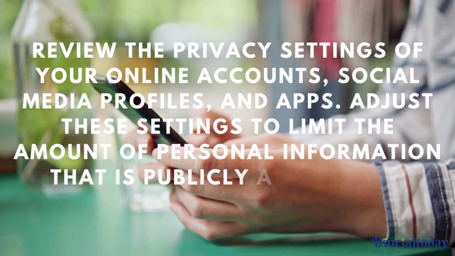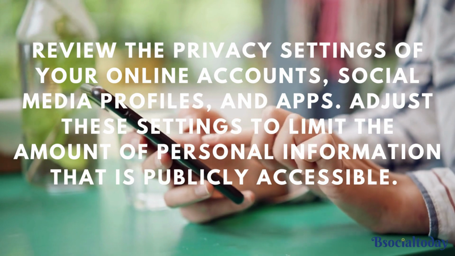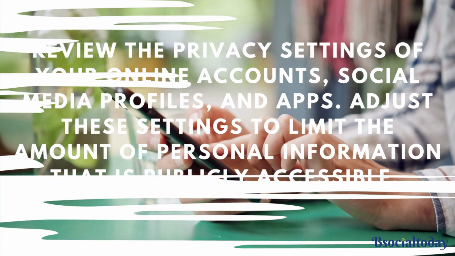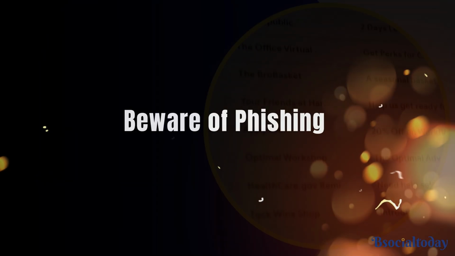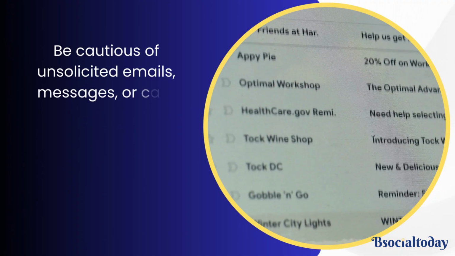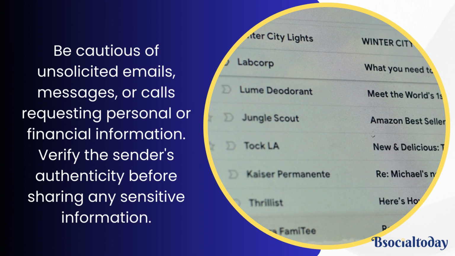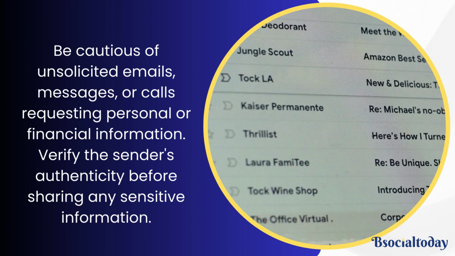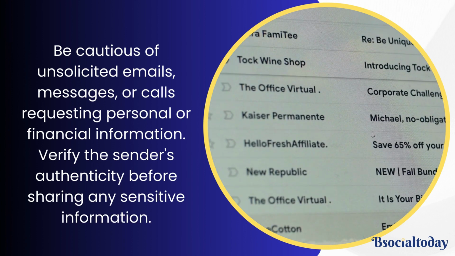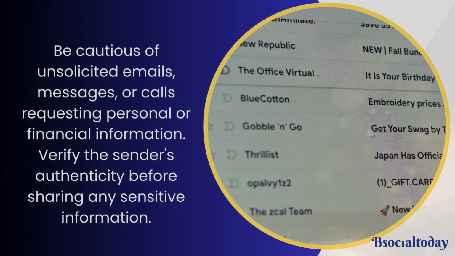Adjust these settings to limit the amount of personal information that is publicly accessible. Beware of phishing. Be cautious of unsolicited emails, messages, or calls requesting personal or financial information. Verify the sender's authenticity before sharing any sensitive information.